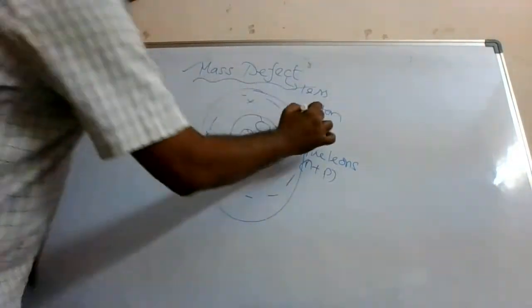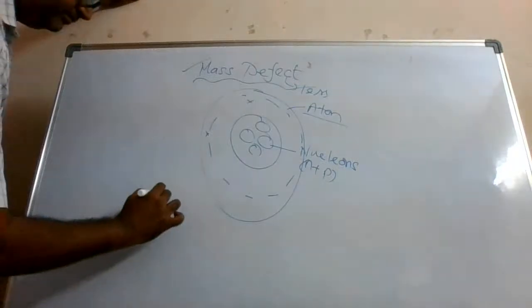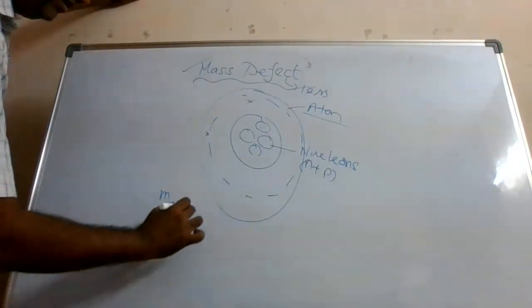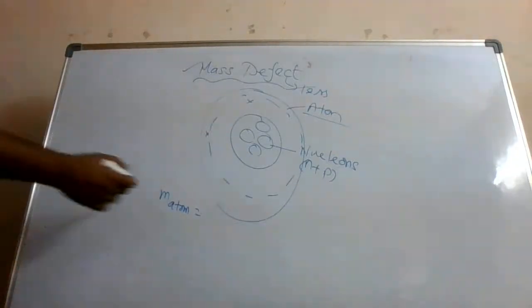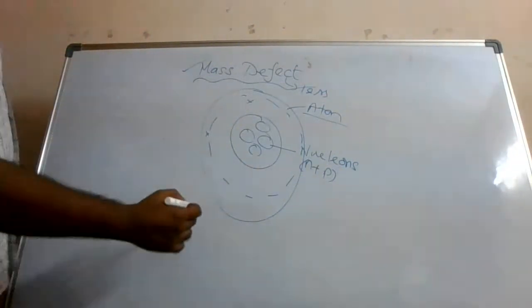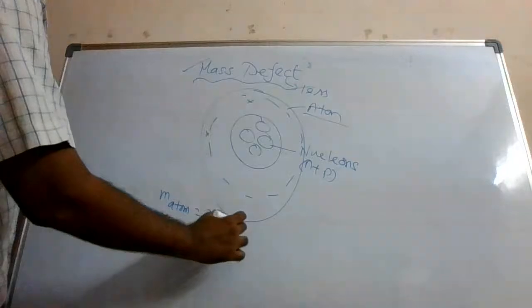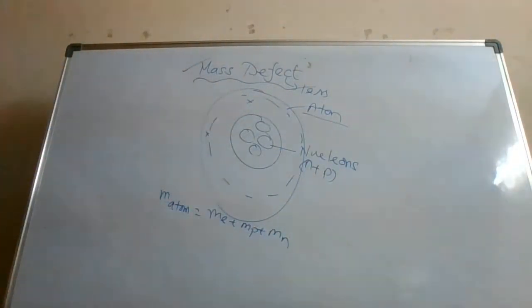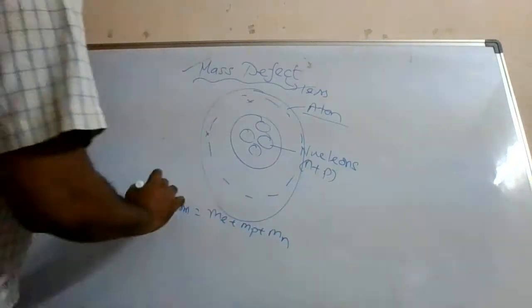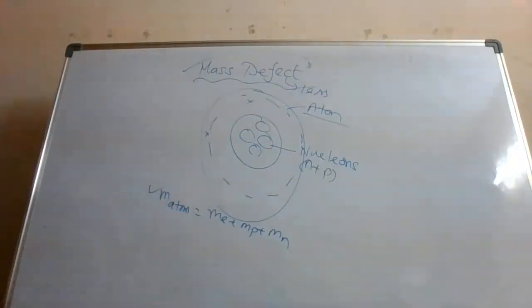So if I try to calculate the mass of atom theoretically, what will be the mass of atom? It is mass of electron plus mass of proton plus mass of neutron only, no? So if I add all this, I will get the mass of atom.